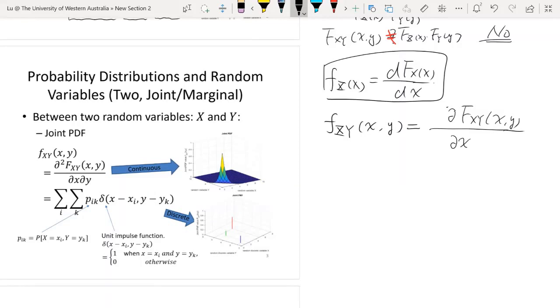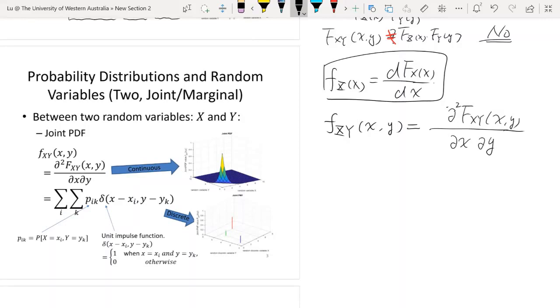After this step, we repeat the same procedure for the other random variable y: we take the partial derivative with respect to y, the second time we do a partial derivative, so it is second order. This is how we calculate the joint PDF from the joint CDF. We just apply the partial derivative to the joint CDF two times, once for x and once for y. This is for the continuous random variable case.